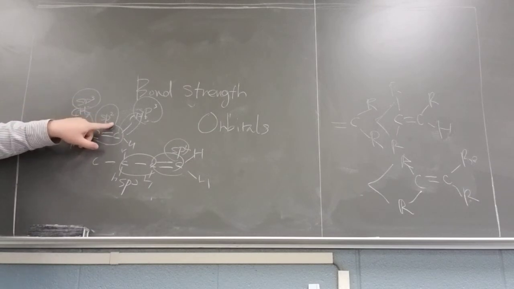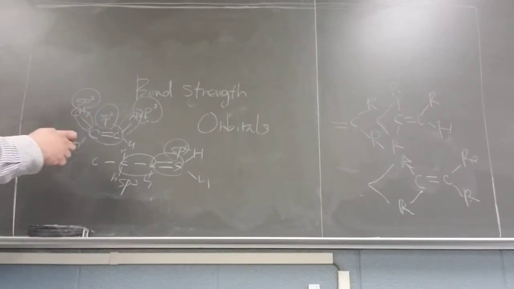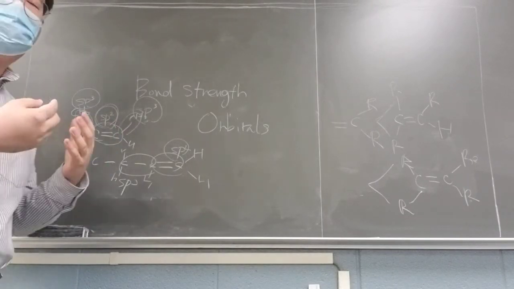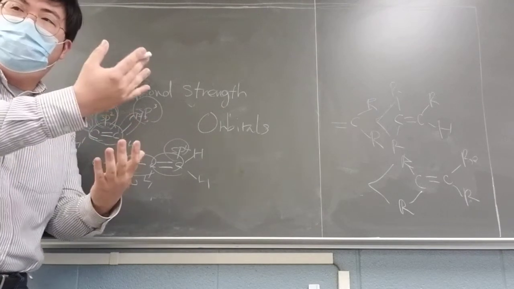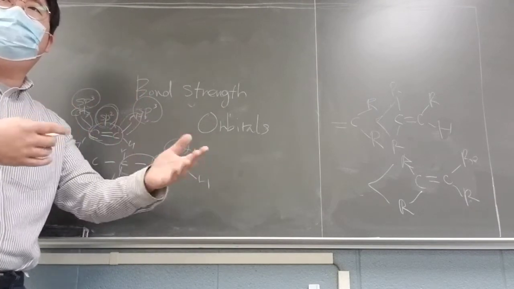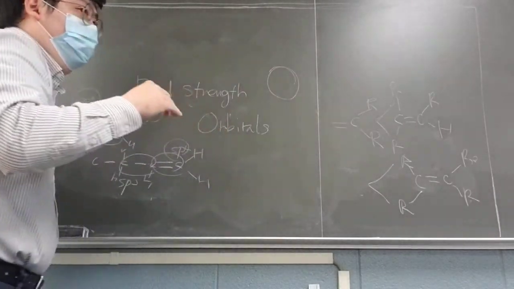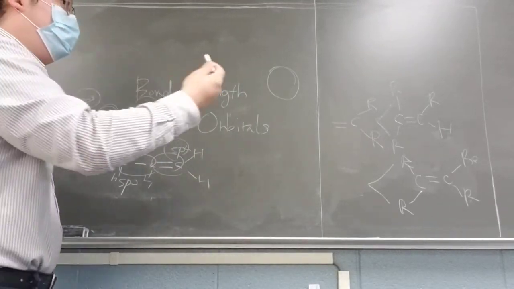Then sp2, because there are only two p electrons coming down to make a hybrid, makes this bond higher in s character, which is better for bonding, because the s orbital is normally lower in energy.